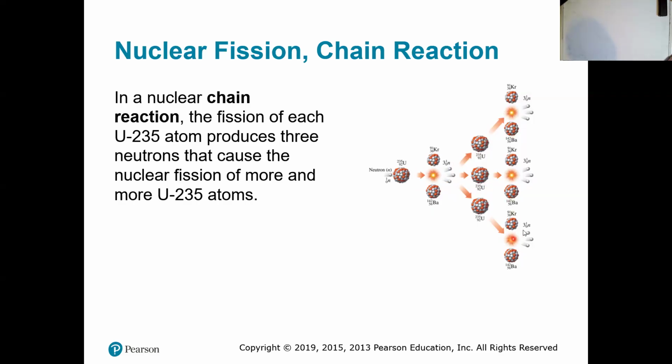And each time they split, 3 more neutrons are released for each one. And now each of these are going to go find their own uranium-235, and they're going to impact it, and they're going to split that uranium-235. And that process keeps going and keeps going. And every time you have a split, you have this creation of energy that occurs as well.